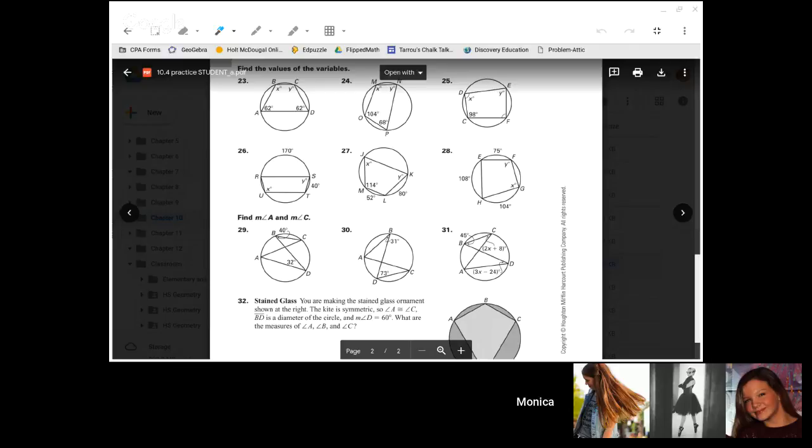And if you know the measure of the arc, can you then find the measure of the angle that makes that arc? There you go.